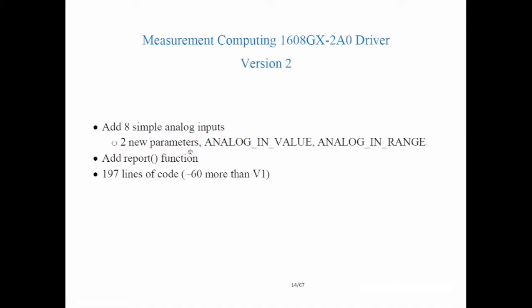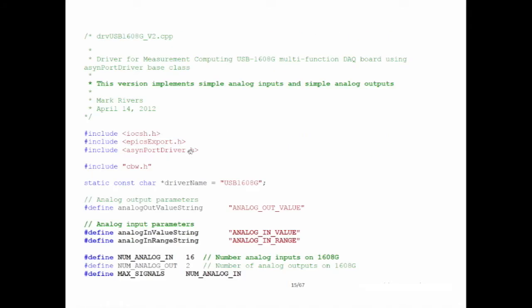And we'll also add a report function, so we can get a report out about our driver. That increases it now to 197 lines of code, so adding these features added about 60 lines of code. And the way these slides work is that what's in boldface is what's new. What's not in boldface is what was in the previous version of the driver.